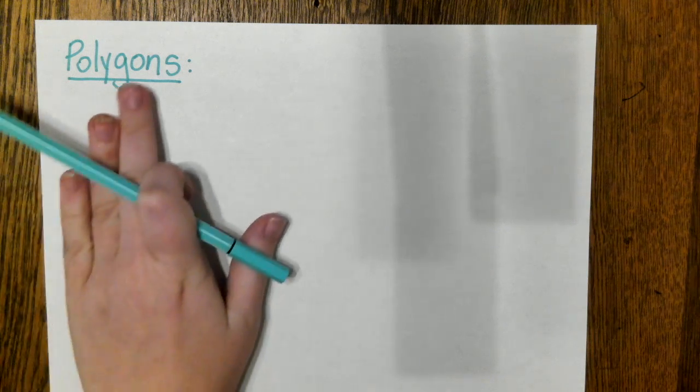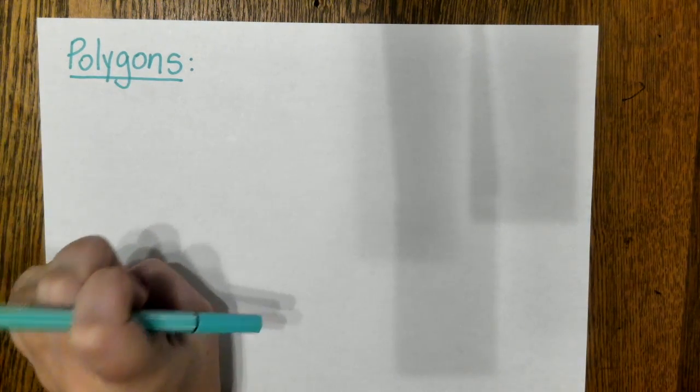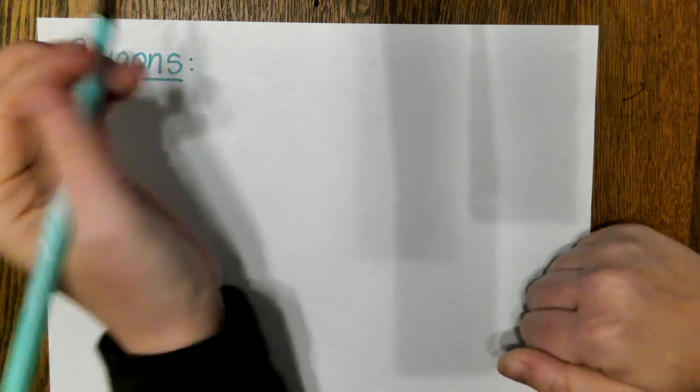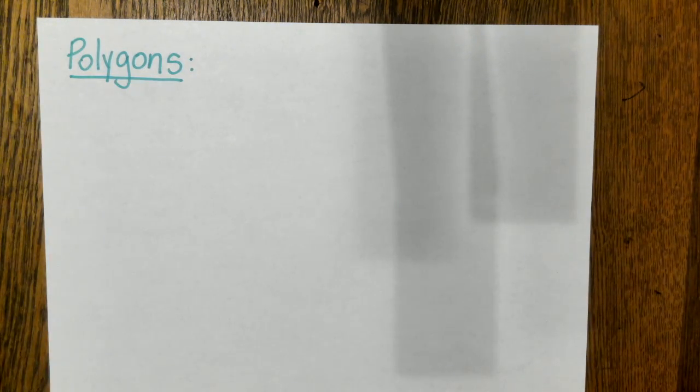Polygons. Polygons are two-dimensional shapes. That means that they are flat. All polygons are flat.